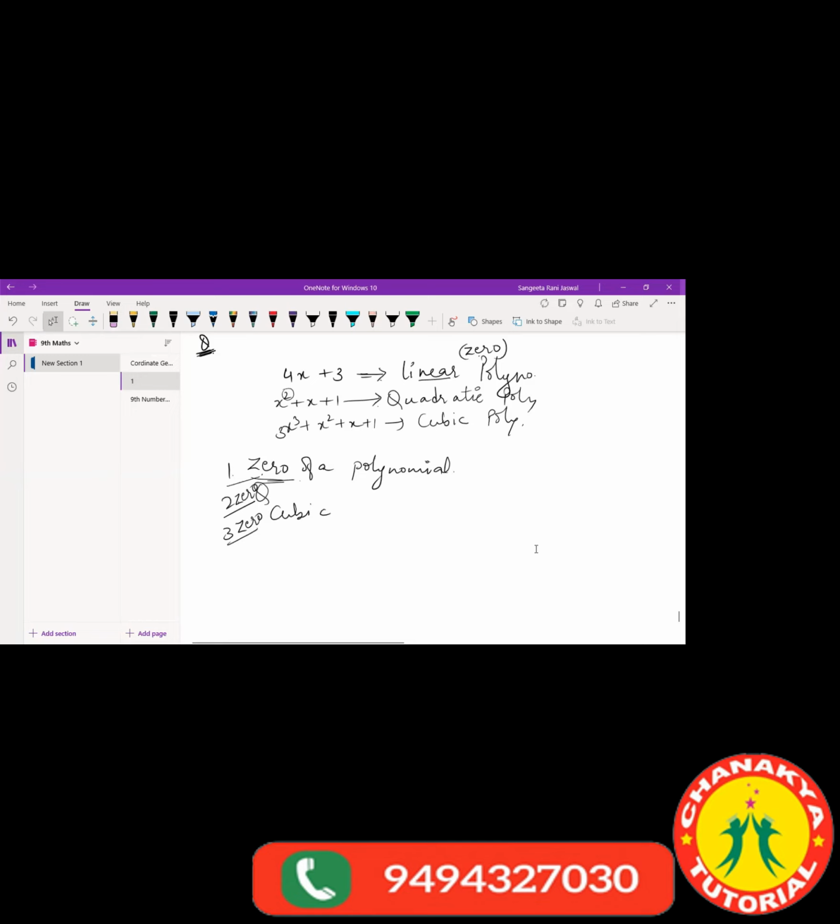Coming to the chapter part, let's see some questions. So in this exercise 2.1, I had told you to complete exercise 2.1. Did you all do that? In the homework I had given you to complete exercise 2.1.